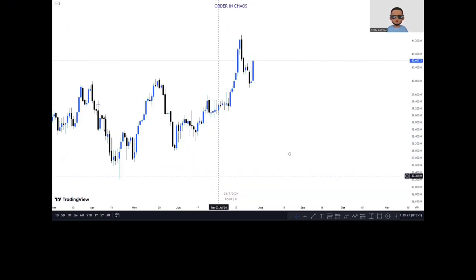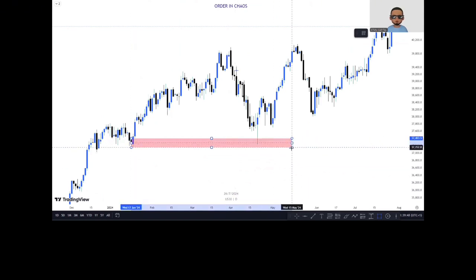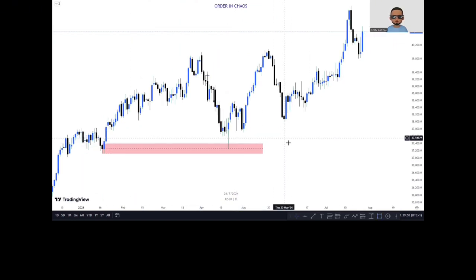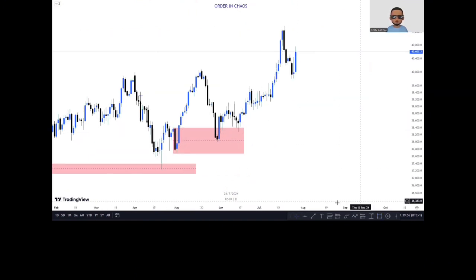Once I go to the daily time frame, I can see this movement. The market reacted from this demand level, and also from this demand level. So we're in a bullish market, which also reacted from this demand level.